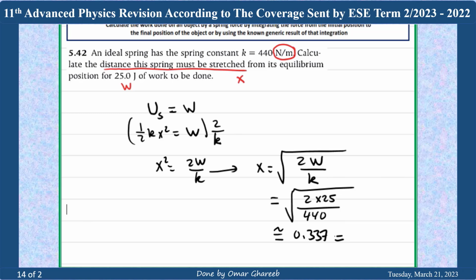But regarding the significant figures offered by the question, it should be two significant figures, so it is almost 0.34 according to the significant figures rule.